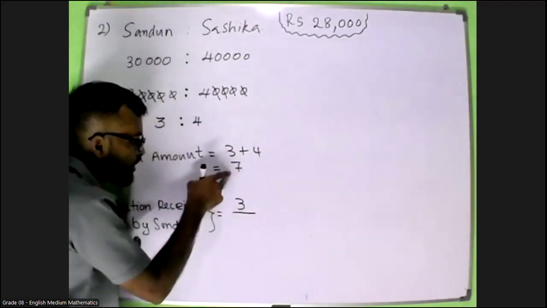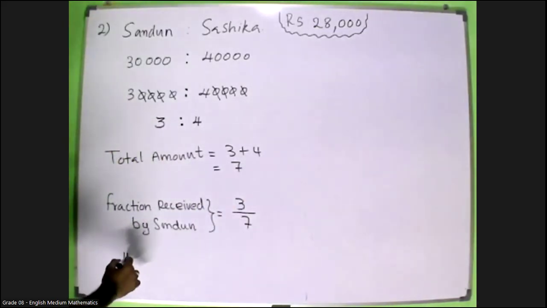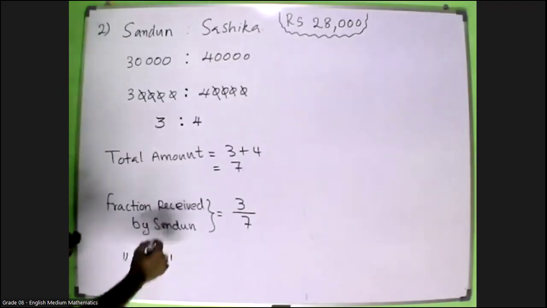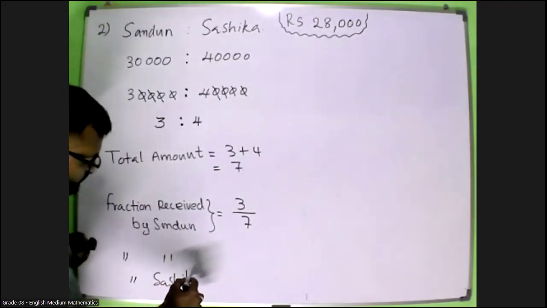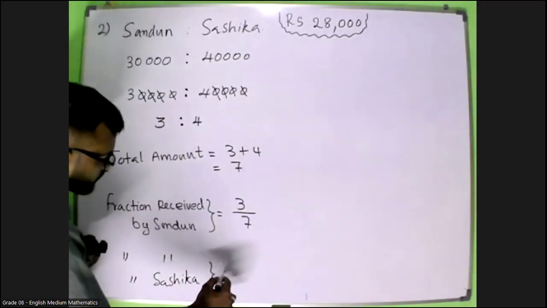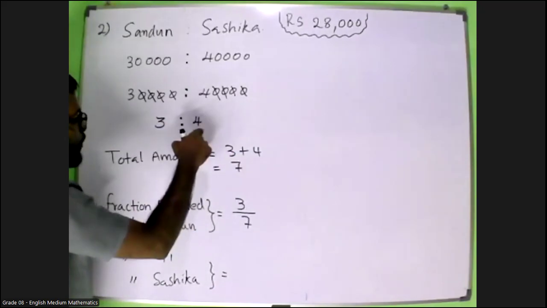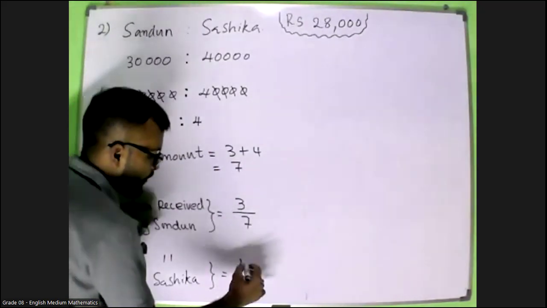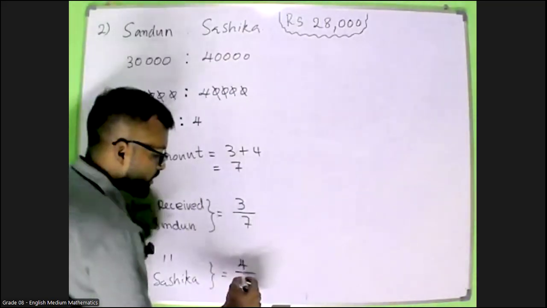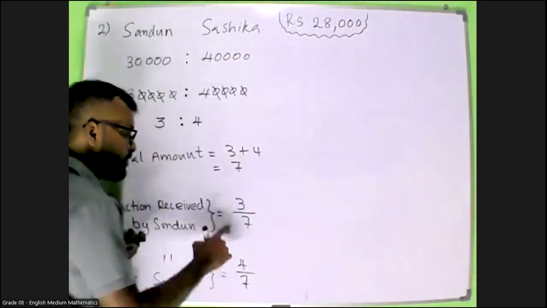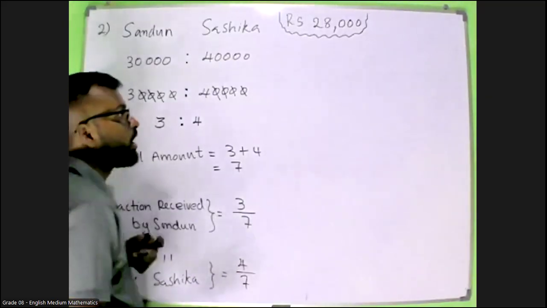What is the total part? 7. 3 upon 7. And likewise, fraction received by Sashika. Sashika has 4 parts. What are the total number of parts? Altogether 7. Okay? 3 upon 7 for Sadun, 4 upon 7 for Sashika.